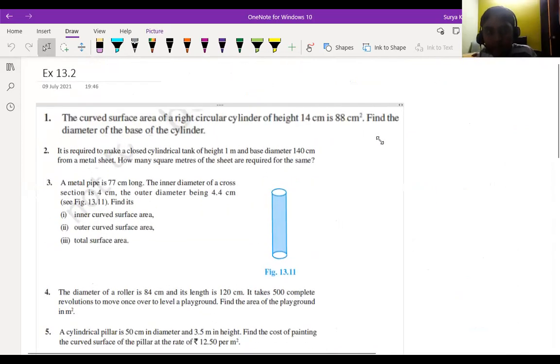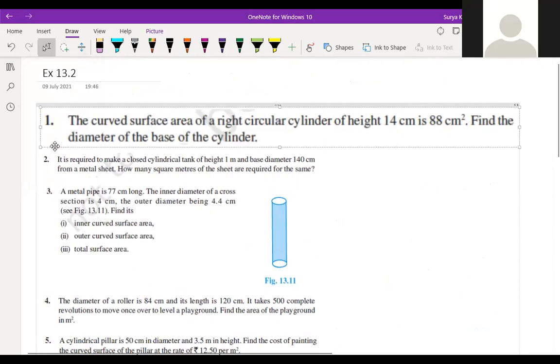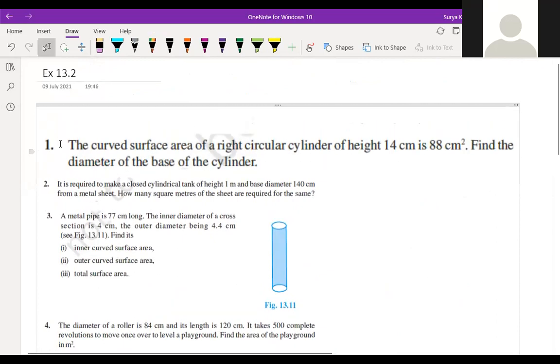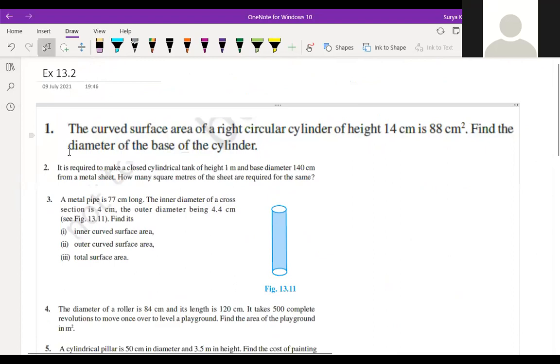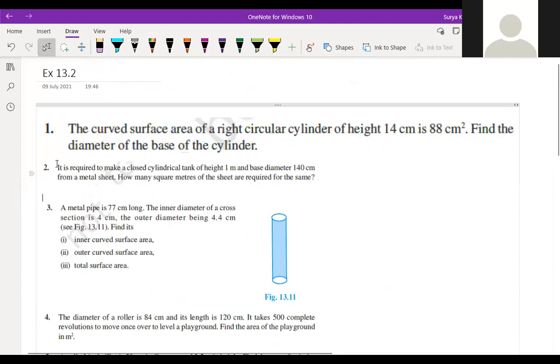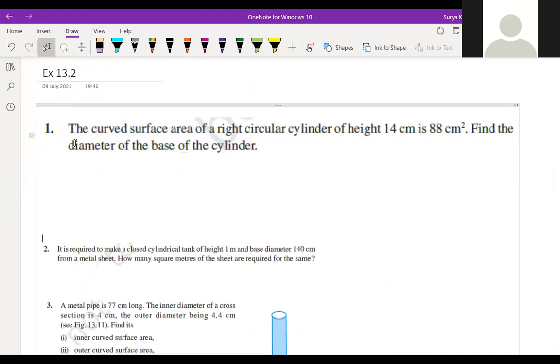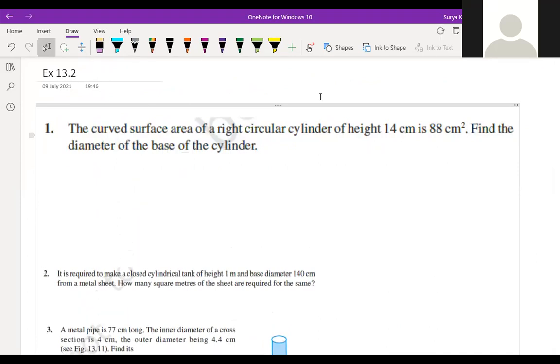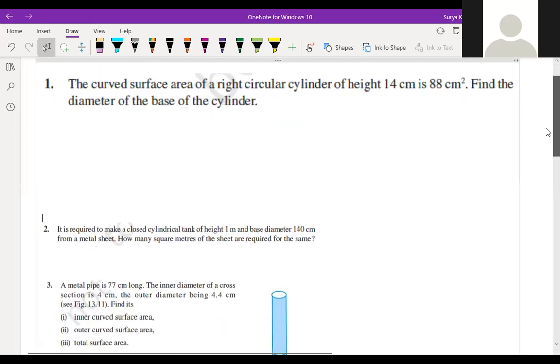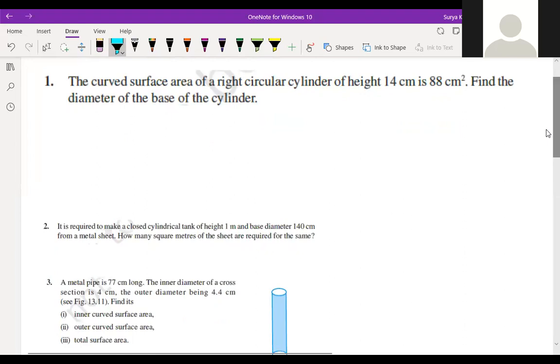Here they have given the curved surface area of a right circular cylinder. The curved surface area of a right circular cylinder of height 14 centimeter. If you know the cylinder, just draw this cylinder in this way.